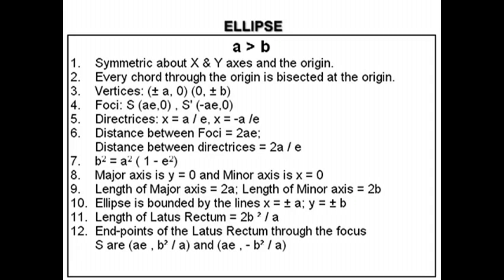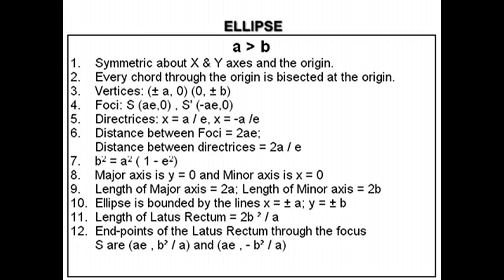Distance between foci = 2ae, and distance between directrices = 2a/e. Here we have b² = a²(1 - e²). After rearranging the terms, we get e = √(a² - b²)/a. Equation of major axis is y = 0 and equation of minor axis is x = 0.